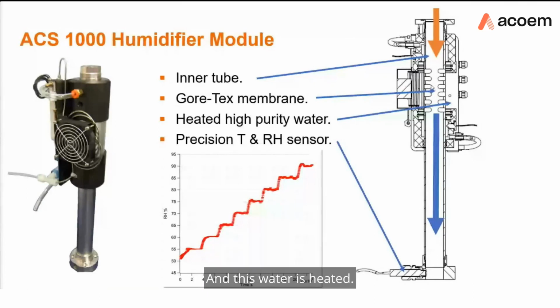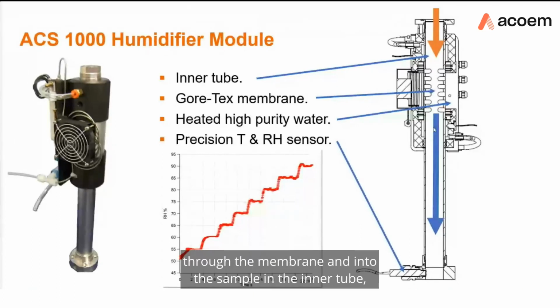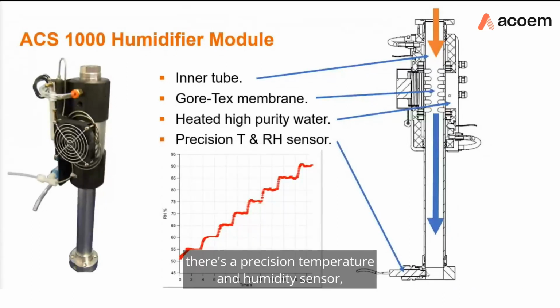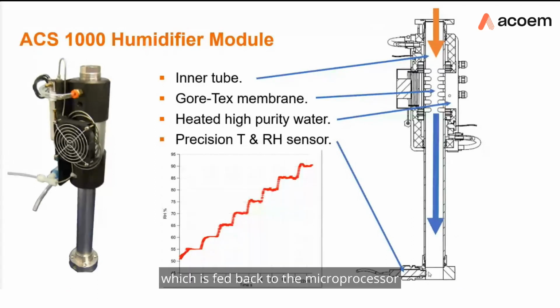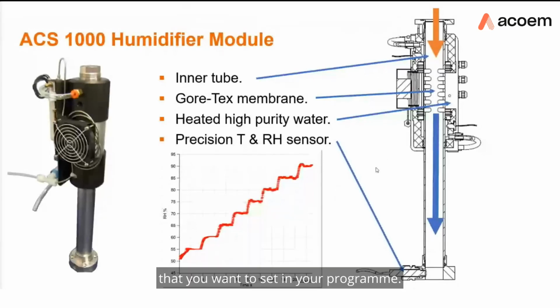This water is heated, and the amount of heat generated into the water controls the amount of water vapor that is transferred through the membrane and into the sample in the inner tube, hence humidifying your sample. At the bottom of the tube there's a precision temperature and humidity sensor, which is fed back to the microprocessor, and we can accurately control each point of humidity that you want to set in your program.